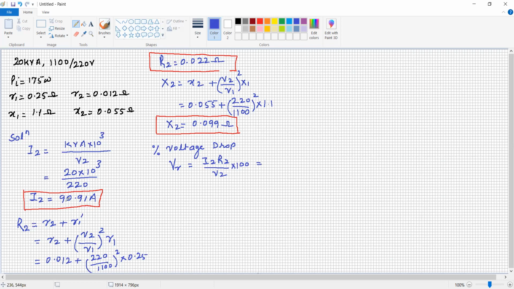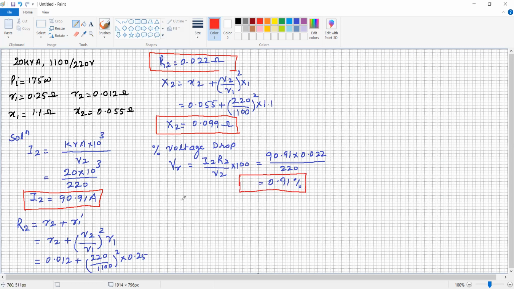So current is 90.91, resistance is 0.022 divided by voltage of the secondary side is 220. So the percentage voltage drop is 0.91 due to the resistance. Okay, due to resistance.